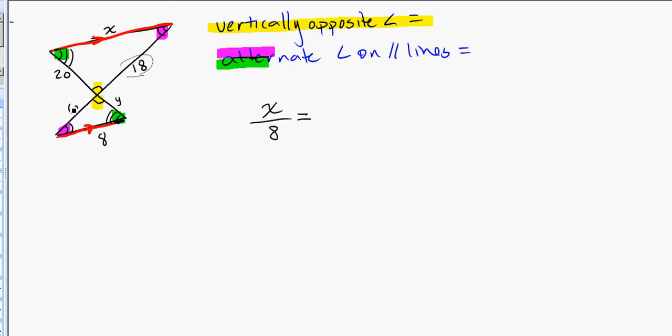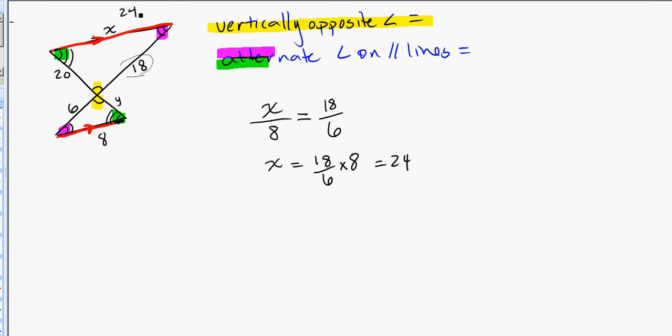So 18 and 6 are the corresponding sides for these similar triangles. And since x is from the big triangle, I'll put the 18 on top, and then I'll put the 6 on bottom. And again, this simplifies by timesing the 8 to the other side. So 18 over 6 times 8, and we get 24. So x is in fact 24.